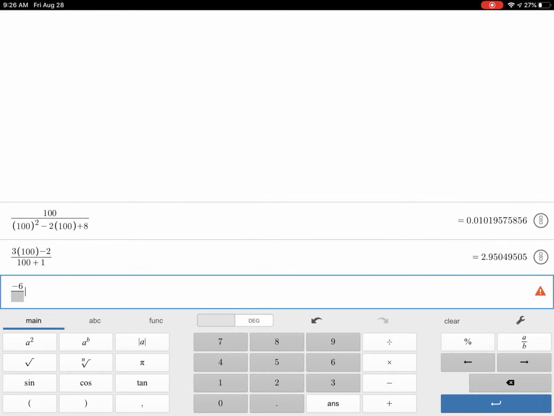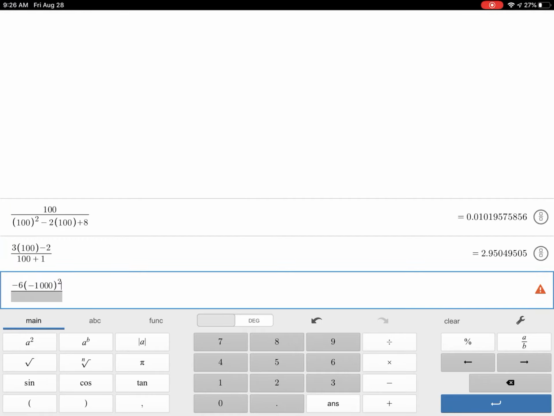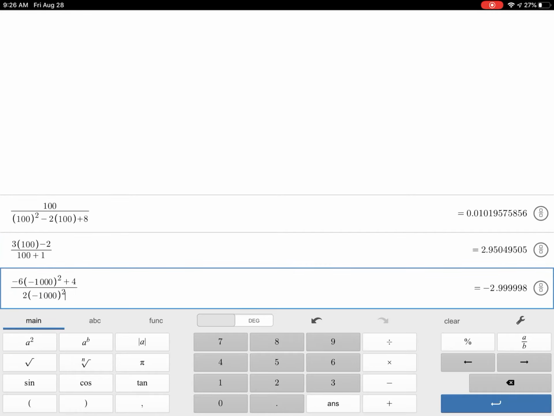So it's negative 6, thousand squared plus 4. Negative 3.001. I'll make them all 100.